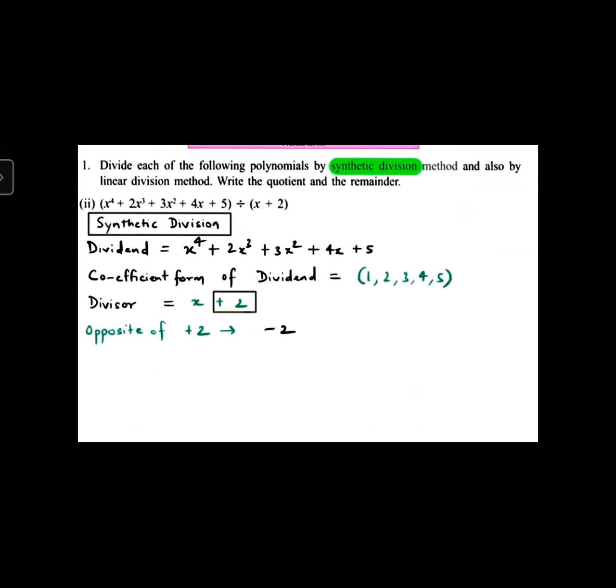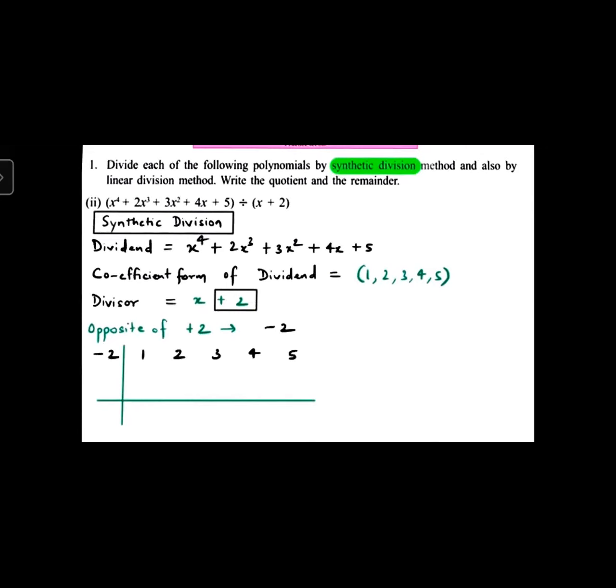It is already in standard form. Then the divisor is x + 2, and the opposite of +2 is -2. So that -2 you have to write to the left of the vertical line, and this coefficient form of the dividend you have to write in the first row. Then start solving by this method.